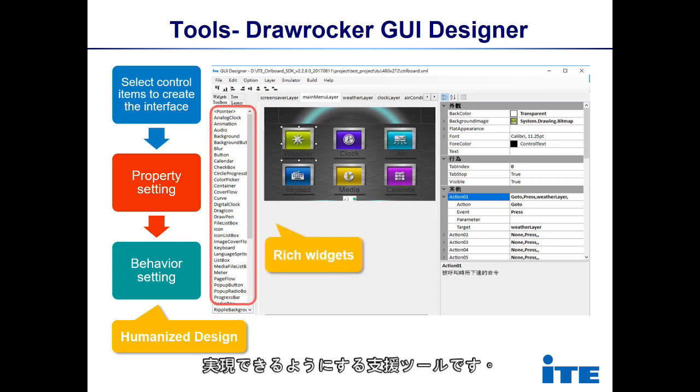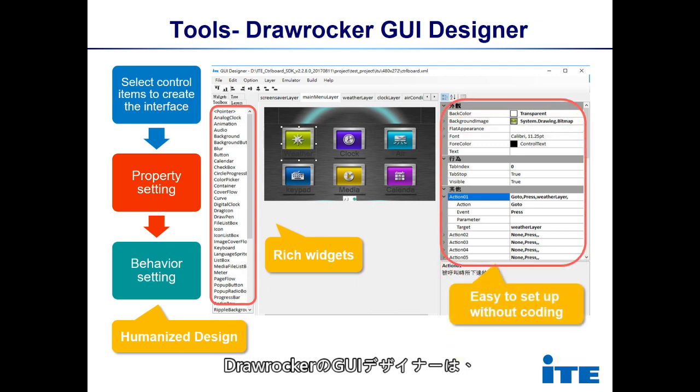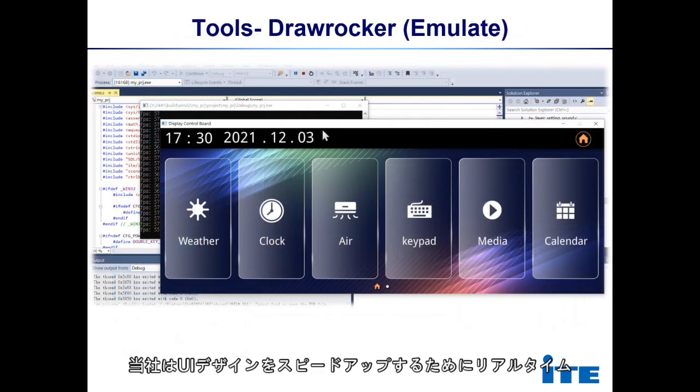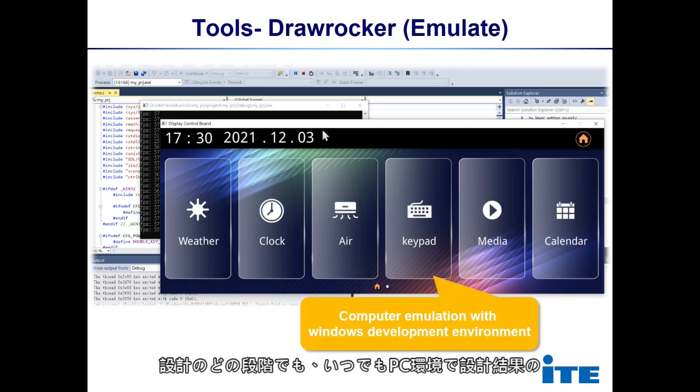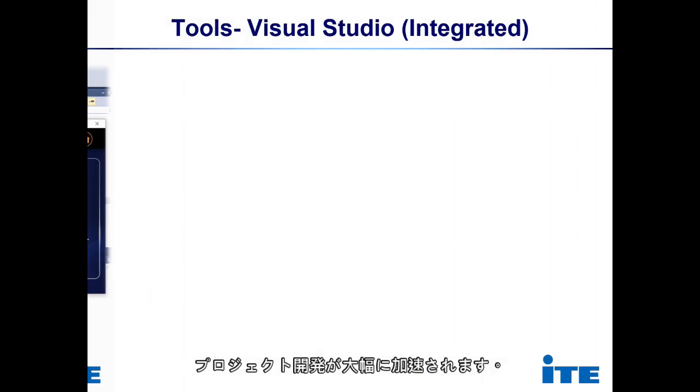ITE Draw Rocker GUI Designer has been continuously improved through lots of adjustments. The rich widgets provided in the tool will definitely meet various kinds of UI effects that customers need. Furthermore, we also provide real-time emulation function in Draw Rocker to speed up UI design. No matter which step you are in, you can review the design results easily.